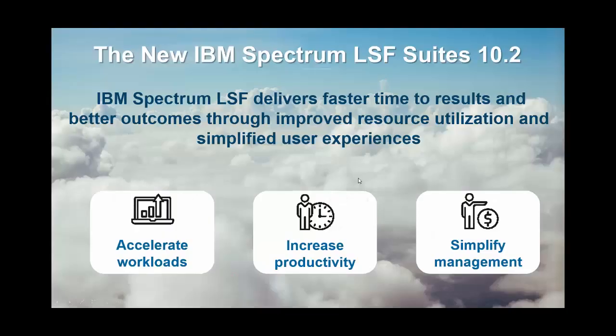And we see that IBM Spectrum LSF Suite is a really cool tool for running these types of workloads. It helps accelerate the workloads by utilizing your environment to its fullest capability, and that increases, of course, your productivity, and it provides a simplified management experience so that you can manage a large cluster quite easily.